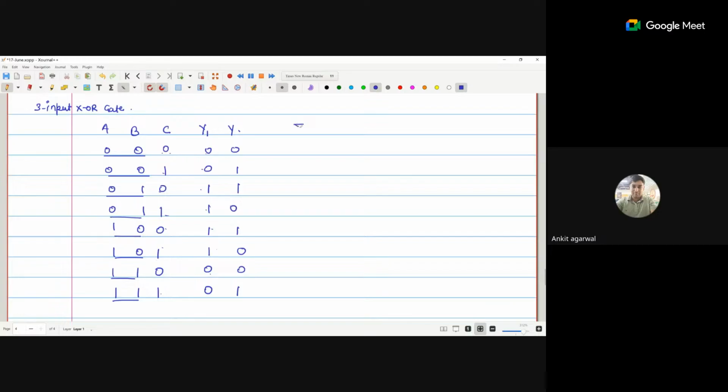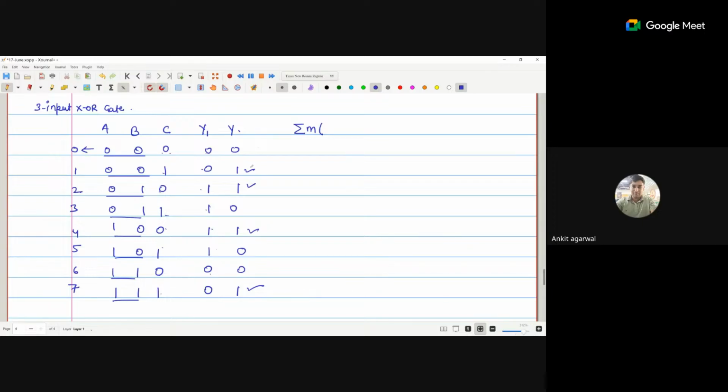So sigma m, the min terms, will be defined for the output 1. So these are the 4 conditions where output is 1. Now with respect to every input, can I convert into decimal? This is 0, 1, 2, 3, 4, 5, 6, and 7.